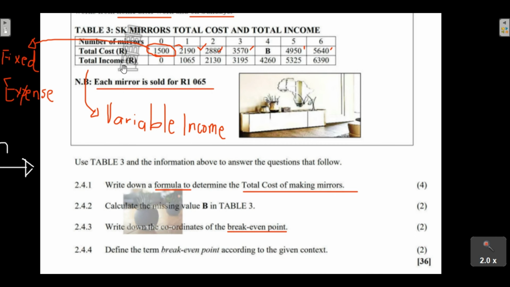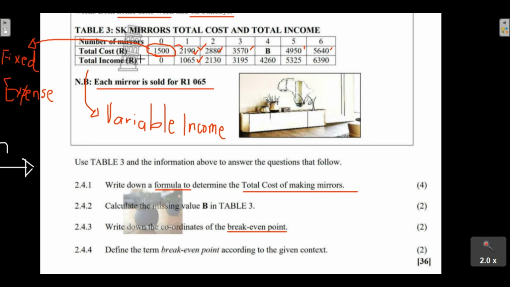So all of your income covers all of your expenses, and you do not make a profit, you do not make a loss. This means that we should look for a column where the total cost is actually equal to the total income.